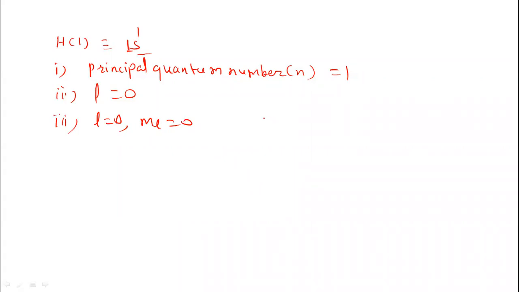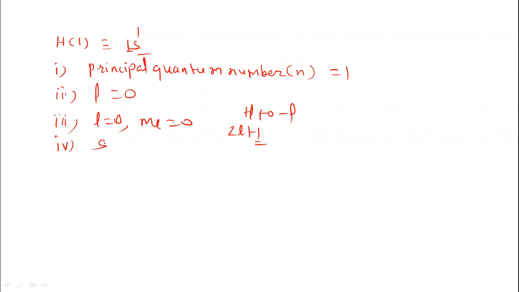Because the magnetic quantum number has values from plus L to minus L, it is 0, so only one value. According to 2L plus 1, put L equal to 0, so it is only 1. ML equal to 0.